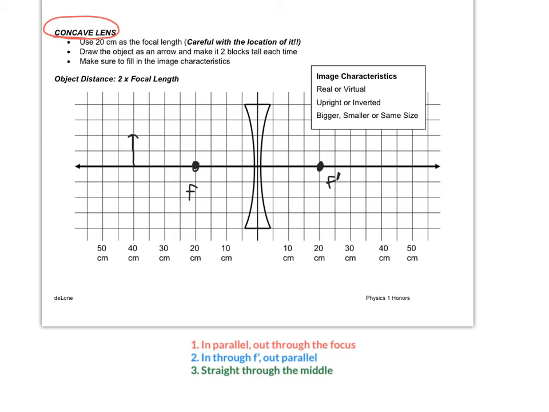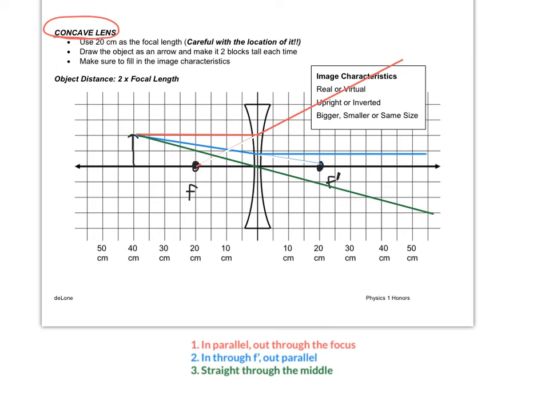So we're still going to do our parallel ray, which goes in parallel and out through the focus, but instead of actually going back through this focus, it's just going to go out along a line with the focus. We're still going to have our in through F prime ray, so it's going to go in towards F prime, but it won't actually get to that point because it hits the lens first, and then it goes out parallel. And then lastly, we have our central ray. That one doesn't change. That one still just goes straight through the middle.